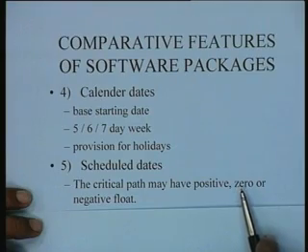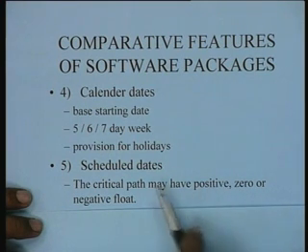The critical path may now have positive, 0 or negative floats. That is what it means. If you calculate the floats with reference to the scheduled date, then, normally the critical path has a 0 float. If it has a positive float, it means that it is very easy to accommodate the project within the scheduled date.